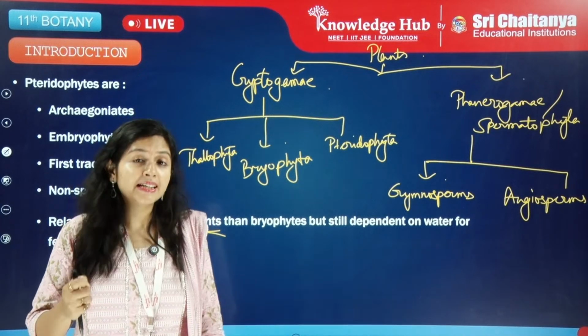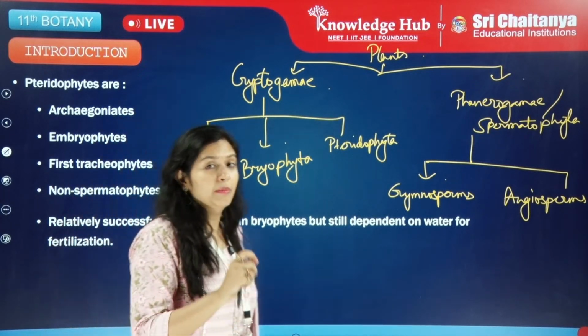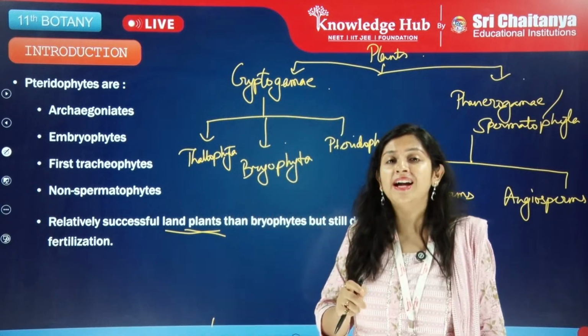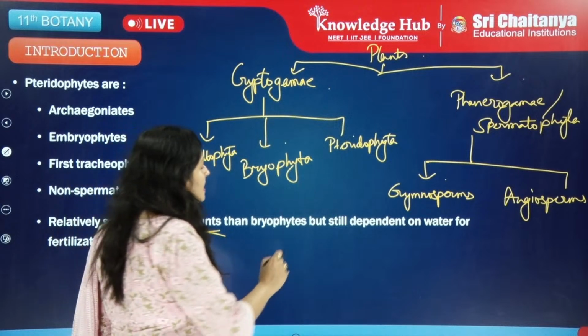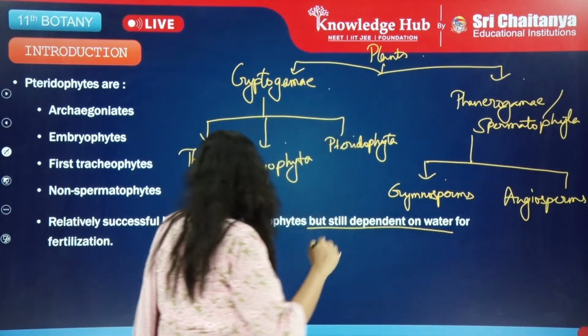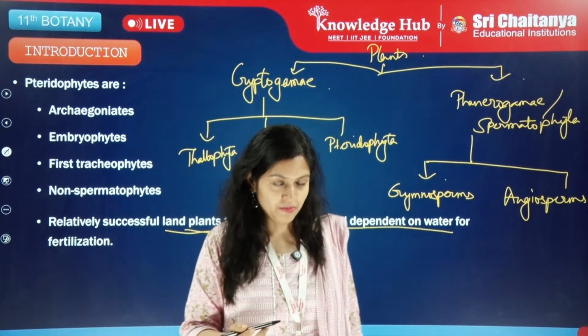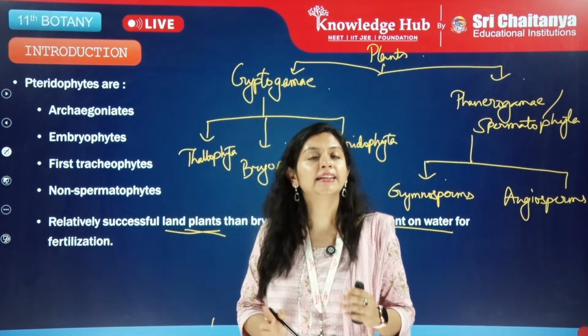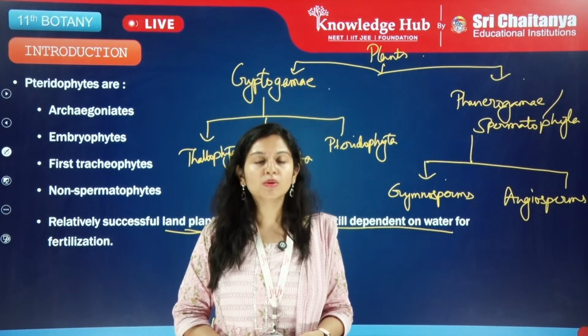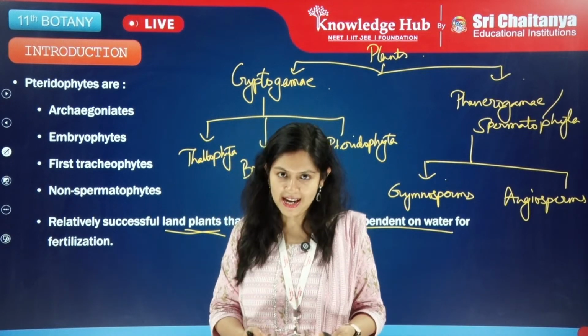But there is still a similarity between the bryophytes and the pteridophytes. What is that? They are still dependent on water for fertilization, which is a common characteristic between bryophytes and pteridophytes. My dear students, let's move to the next slide.